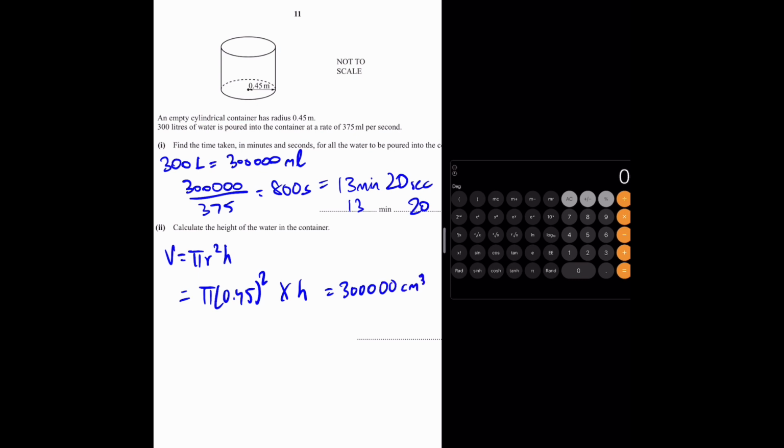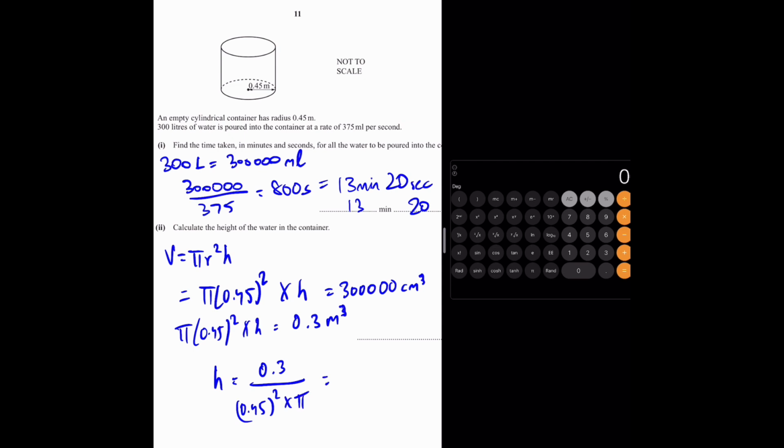Now in meters cubed, because 0.45 is in meters, if we divide by 100 three times, that will be 0.3 meters cubed, and then we can simply solve for the height h. 0.3 by 0.45 squared times pi.